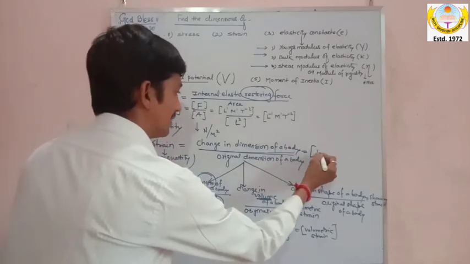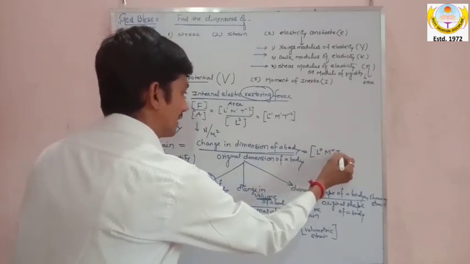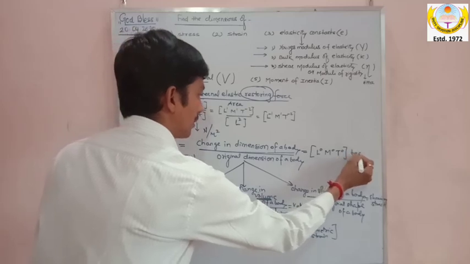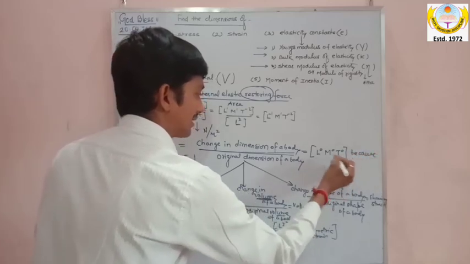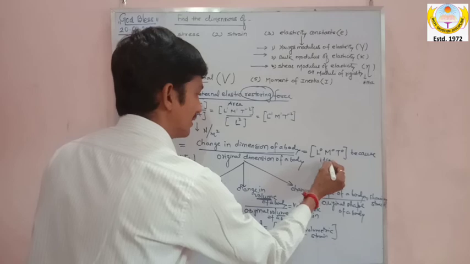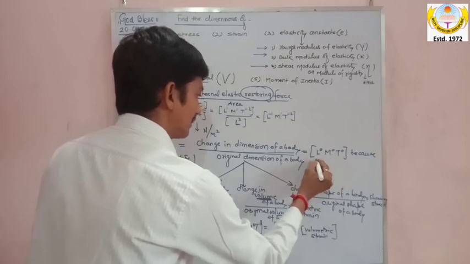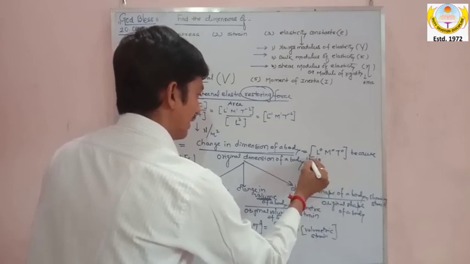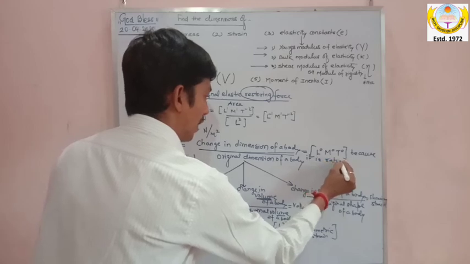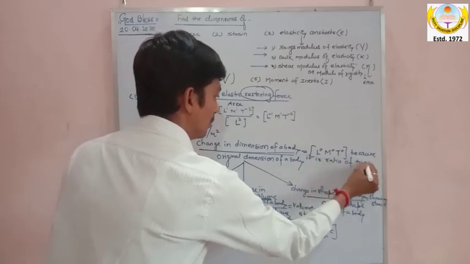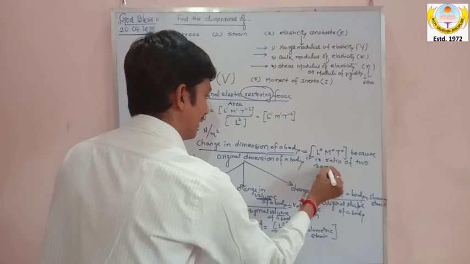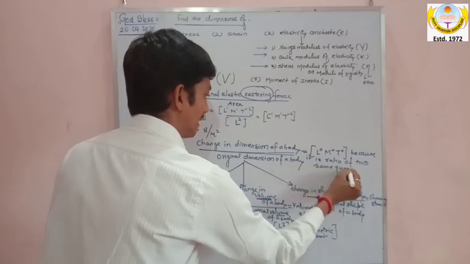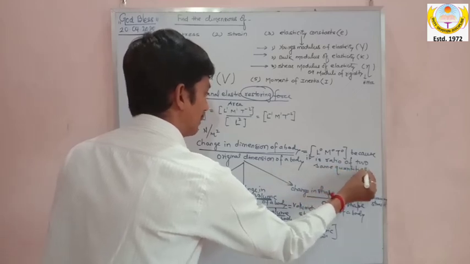Sir, it is L0, M0, T0, because it is dimensionless. Because it is the ratio of two same quantities.